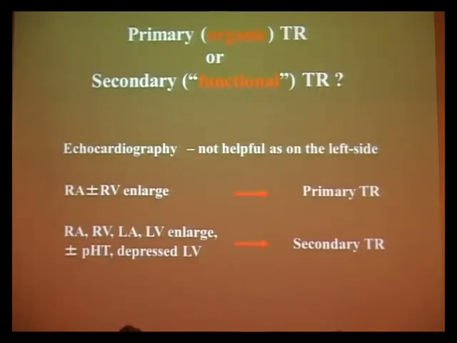And just to distinguish both functional or organic TR, we need, of course, echocardiography, but primarily right atrium and right ventricle are enlarged in primary tricuspid regurgitation. But when we look at secondary or functional one, we usually can see that left ventricle and left atrium also are involved.